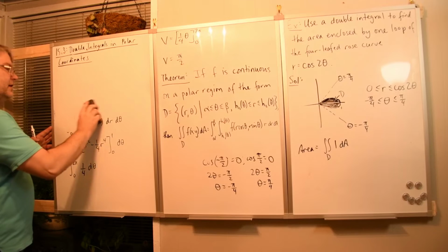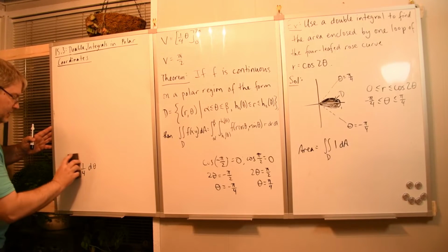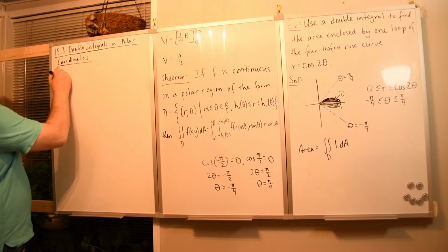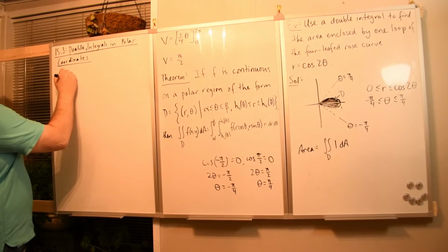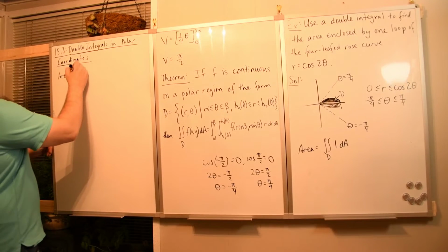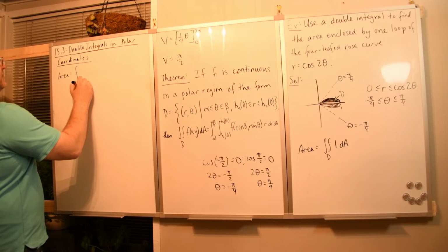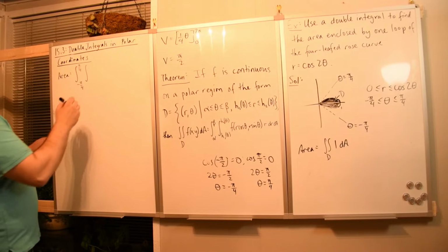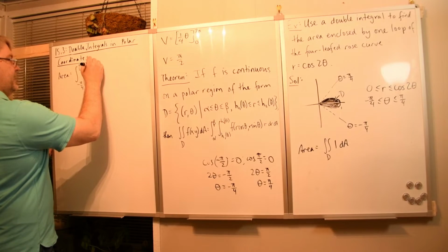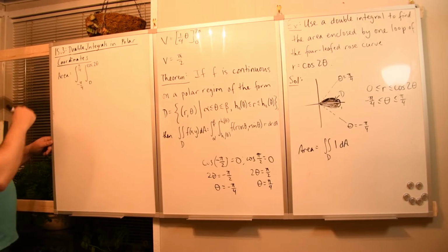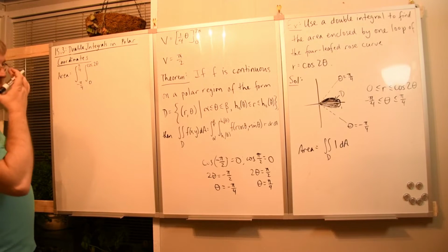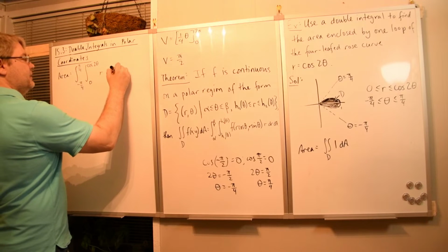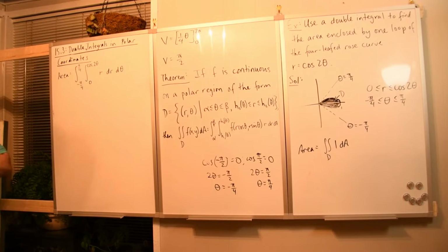Clearing off some room, and we'll have area is equal to, well, you got your negative pi over 4 to positive pi over 4 on the outside, as limits of integration. On the inside, you have 0 and cosine of 2 theta. And the dA, remember, is r dr d theta.